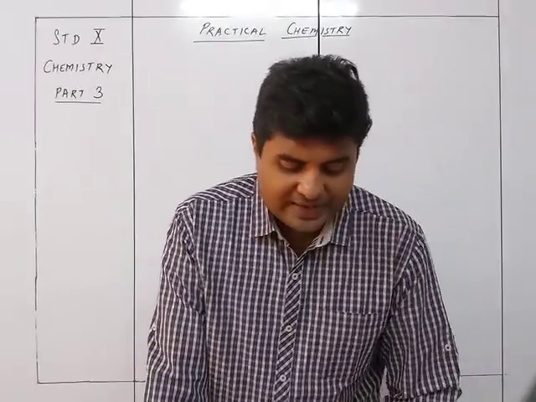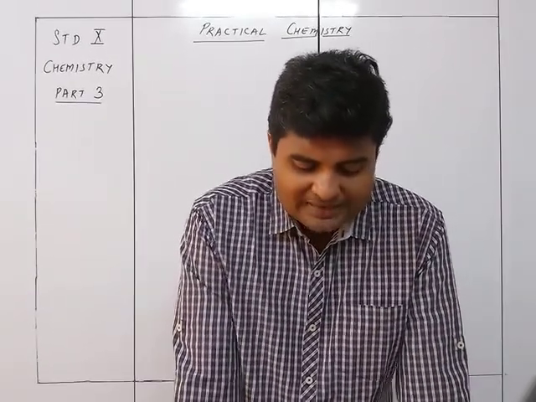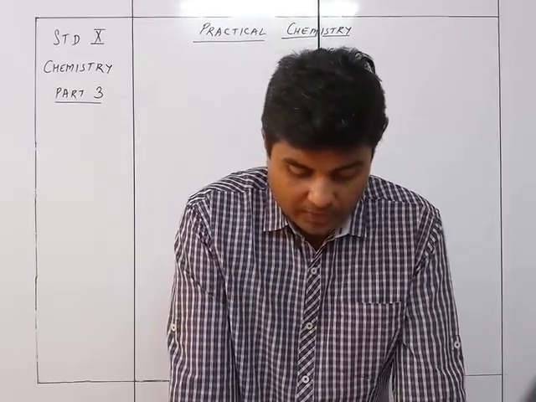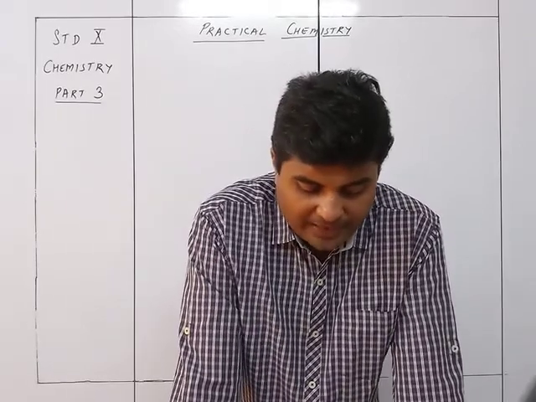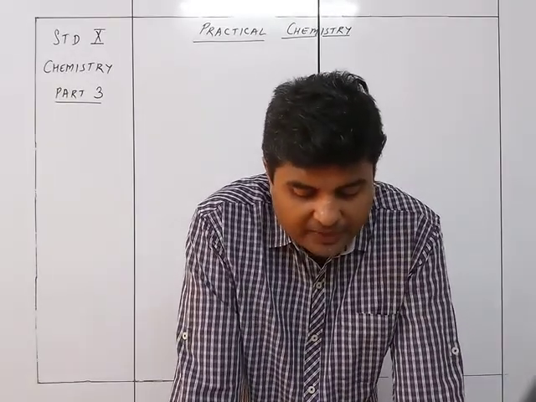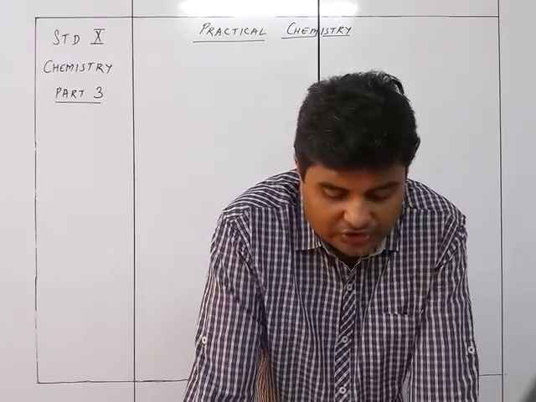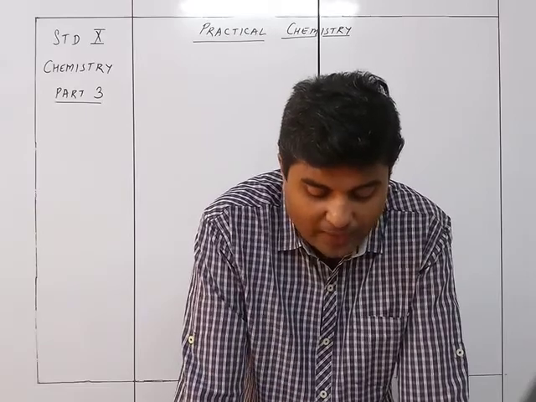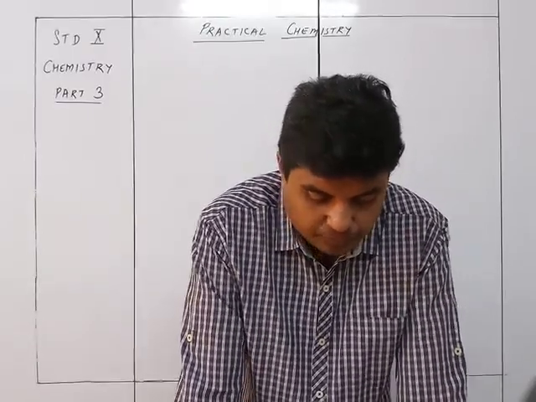So we have first the carbonates. Salt plus dilute H2SO4 gives you CO2 evolved. Salt plus H2SO4 gives you SO2 evolved. Now, for these two salts, carbonates and sulfites, the salt solution plus BaCl2 or Ba(NO3)2 solution gives you a white precipitate soluble in HCl or HNO3.